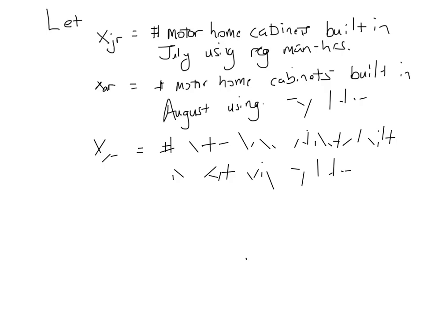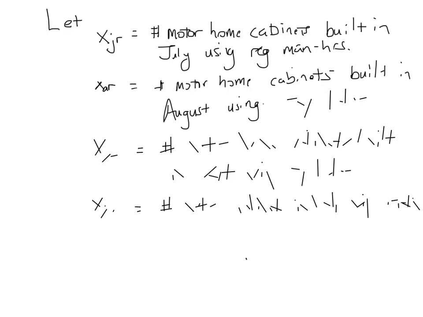So then we could also build motorhome cabinets in July using overtime. Right? So we could do x_JO. So number of motorhome cabinets in July using overtime.